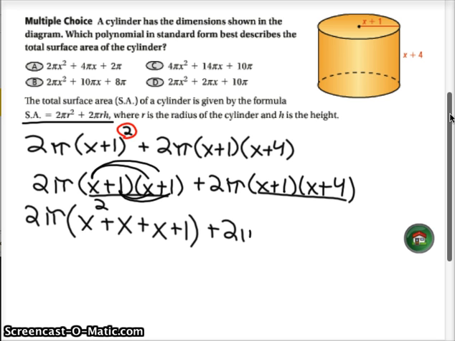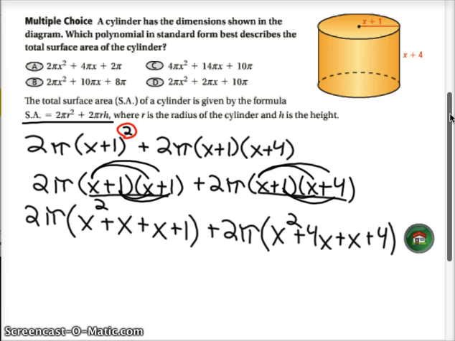I'm going to just leave that 2 pi out front for now. And now I'm going to start foiling. F for first. X times x gives me x squared. O for outside. X times 4 gives me 4x. I for inside. 1 times x gives me x. L for last. 1 times 4 gives me 4.